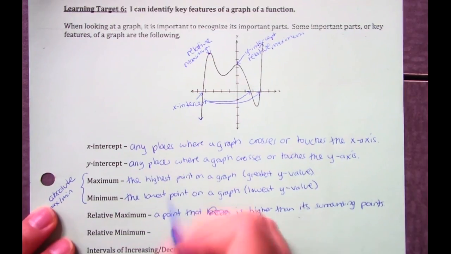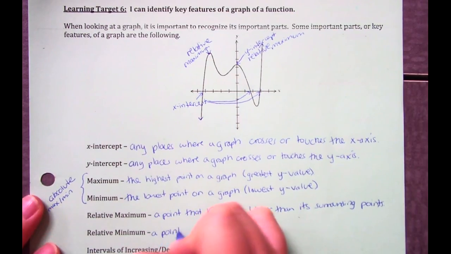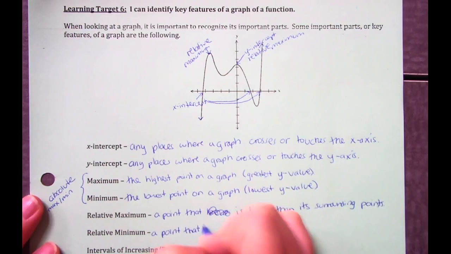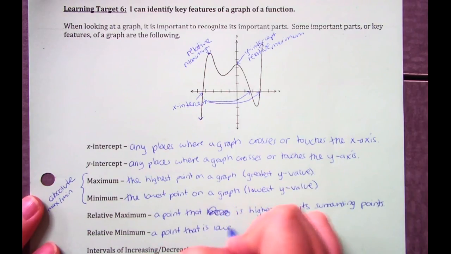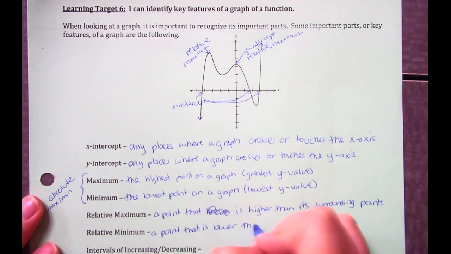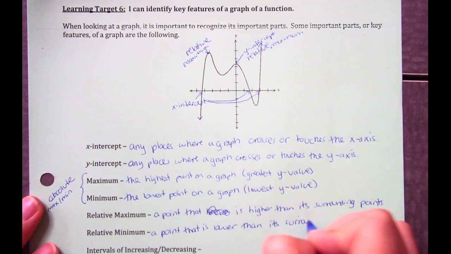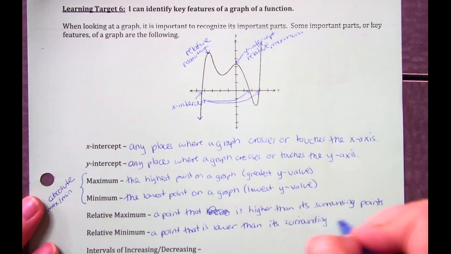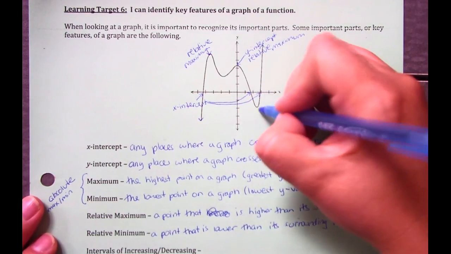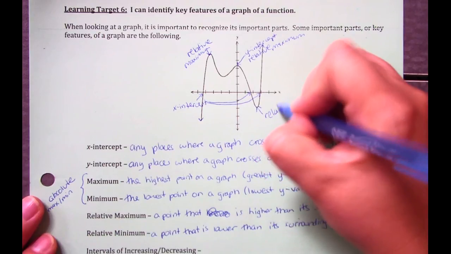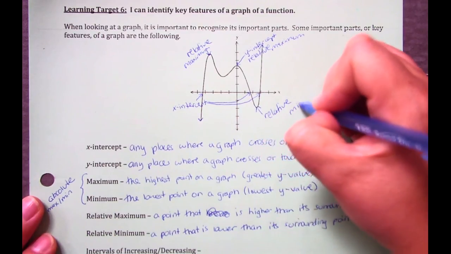The relative minimum is a point that is lower than its surrounding points. So in this graph, that would be a relative minimum.